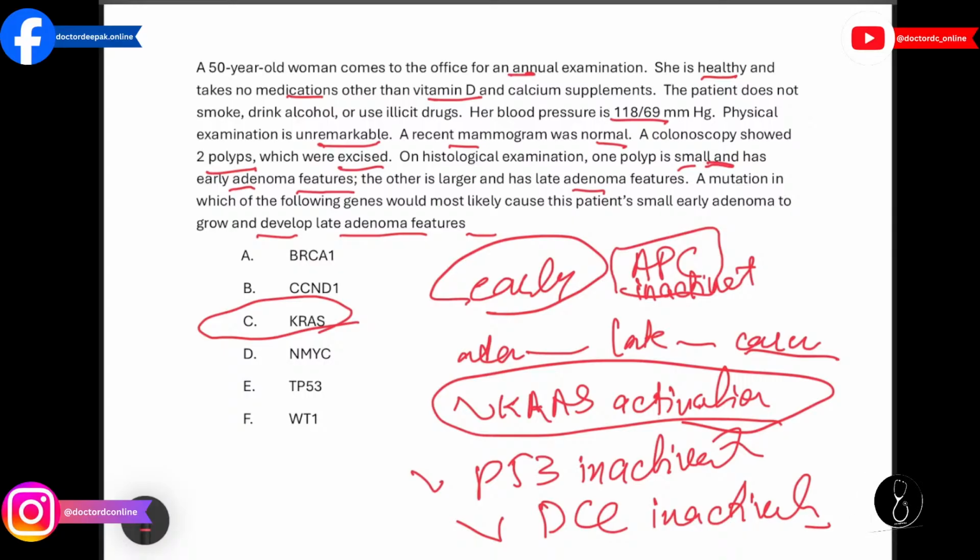Okay? Because the progression from normal mucosa to small adenoma is attributed to the mutation of the APC tumor suppressor gene. Small, okay, from normal to small is due to APC mutation. Fine? And then, with the increase in size of the adenoma, the mutation of KRAS, an oncogene, facilitates this step, transforming it into a late adenoma by leading to uncontrolled cell proliferation.